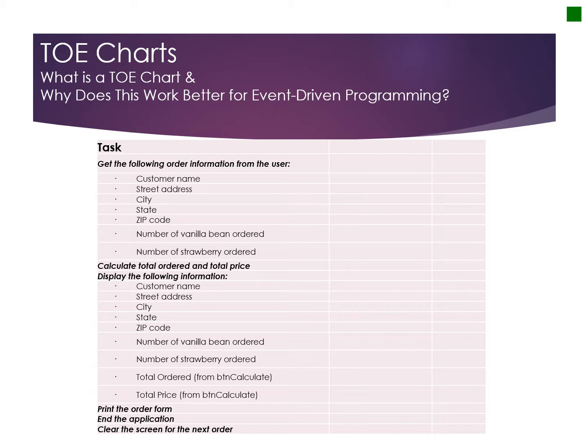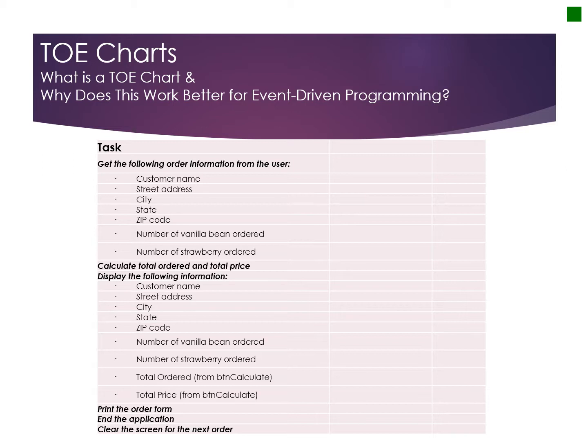Let's explore the TOE chart, or task object event chart, that is more frequently used for the development of applications that involve GUIs, event-driven programming, and object-oriented programming paradigms. First, we develop the tasks.